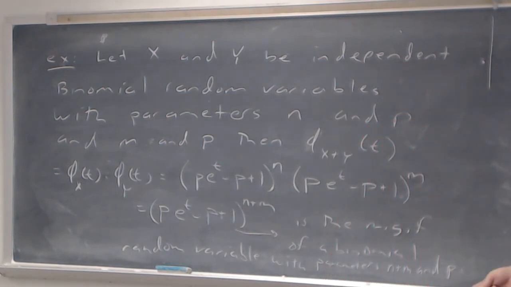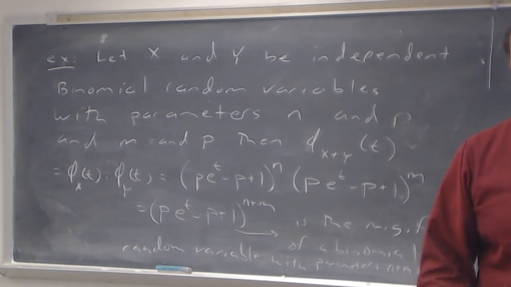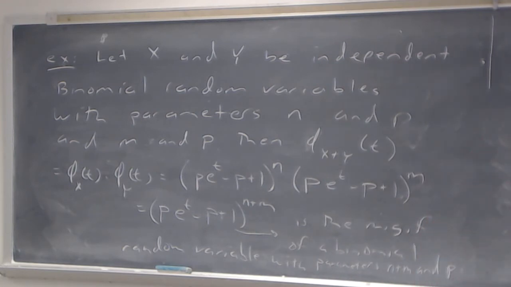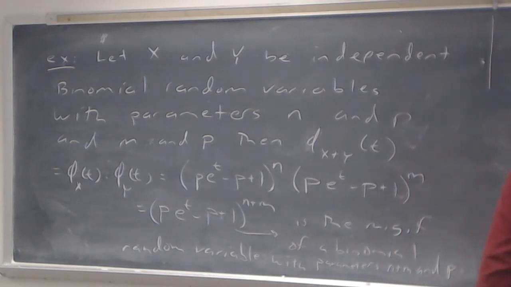And that's what we had as a conclusion. Okay? So the form is the moment generating function form for a binomial with these parameters. So that's how we're using the previous fact that I just wrote.